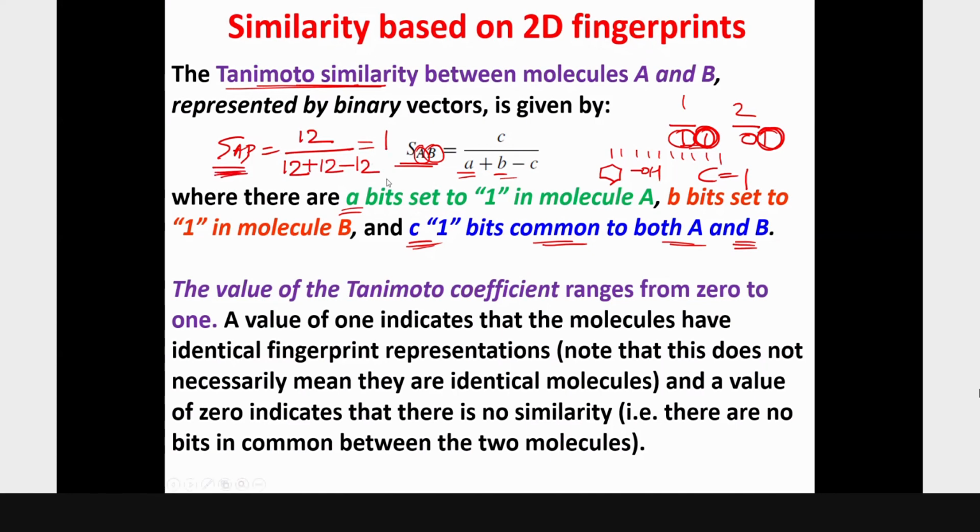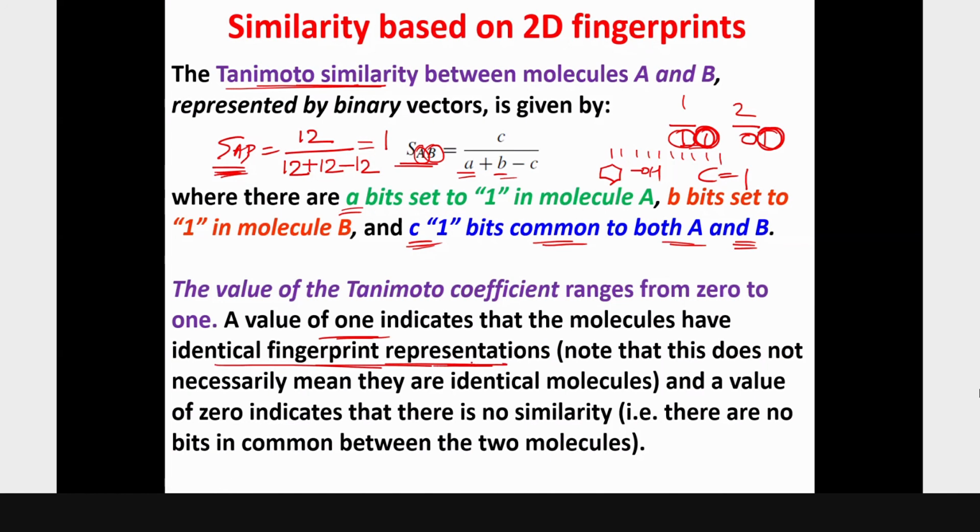What does it mean? Okay, for those for whom it is confusing, next I have the actual table, so it will be very easy to understand. But you can consider that for the SAB value here, all the fragments are matching between the two compounds, so it is giving me a value of 1. Okay, so a value of 1 indicates that the molecules have identical fingerprint representation.